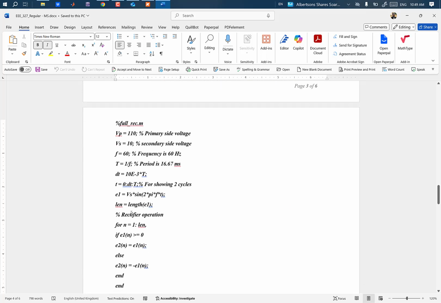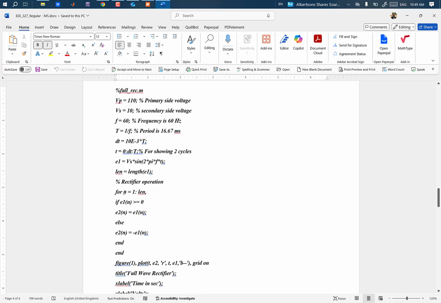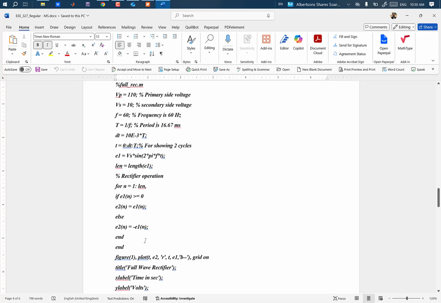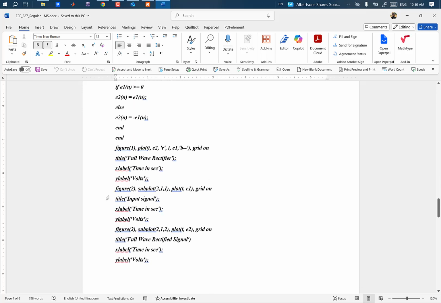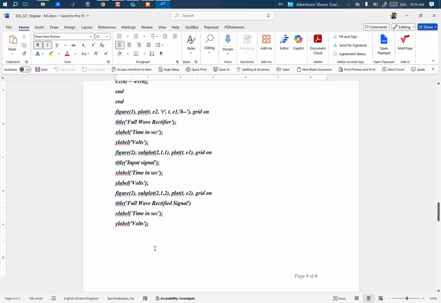Okay, so you would see that for n equals 1 to length, that is the length of E1, if E1(n) is greater than or equal to 0, then E2(n) is equal to E1(n), else negative E1(n). So once this is done, the remainder is just the basic plotting of that.